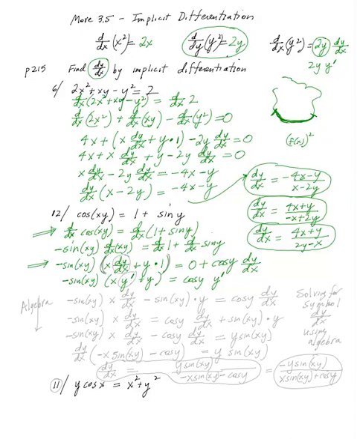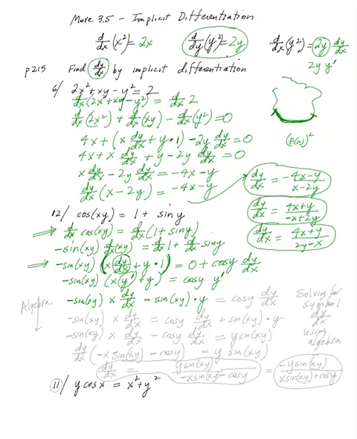Okay, now I'm solving for this dy dx or this y prime, whichever you want to use. But it's trapped inside these parentheses. So I've got to distribute negative sine xy times x dy dx minus sine xy times y.